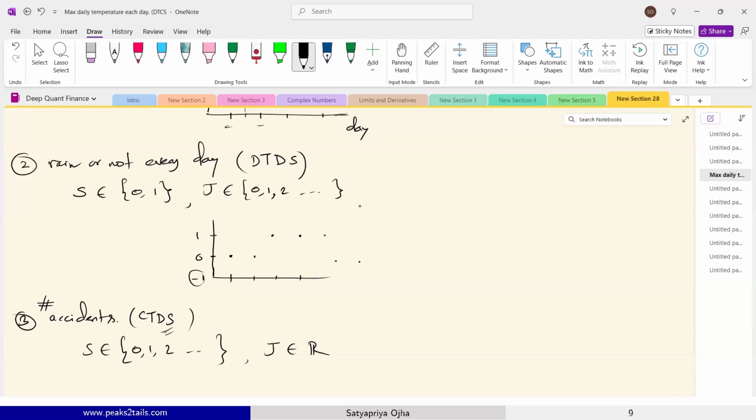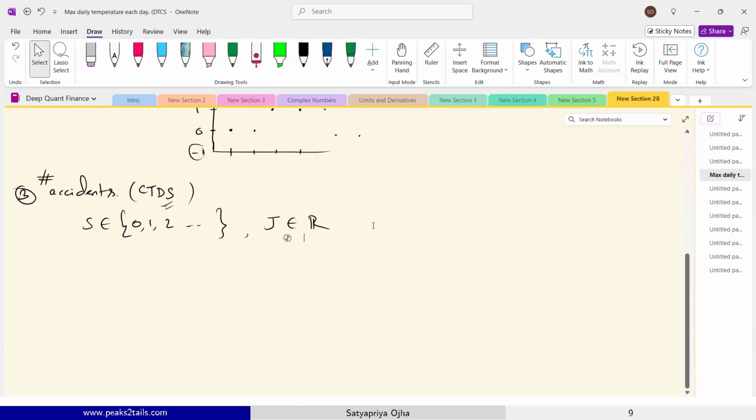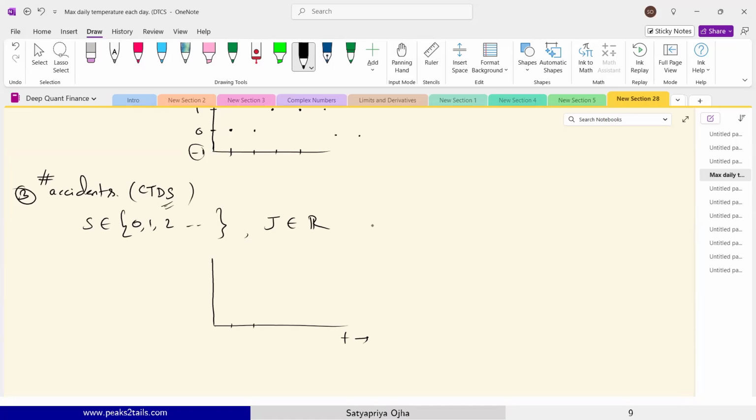Okay, good, so you understood this. How do we plot this? This is important. So, time is continuous, guys. I will not do this, this is not correct. And state is discrete.